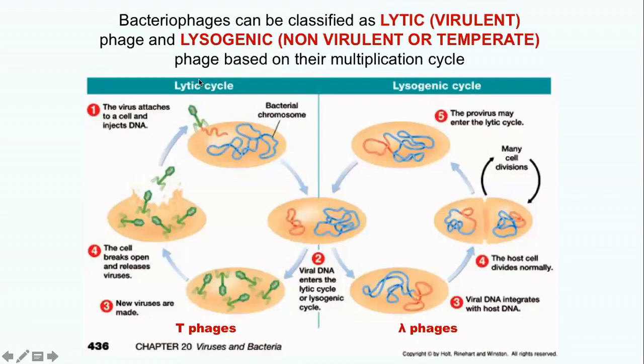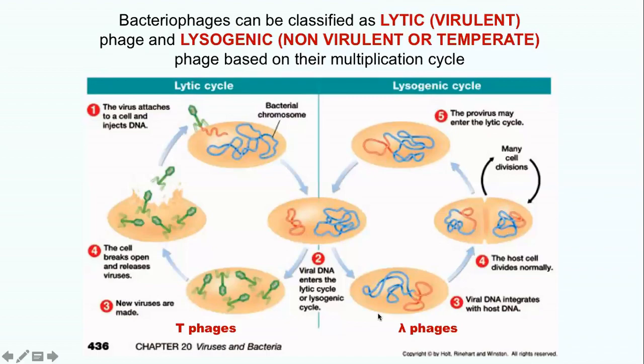But unlike in the lytic cycle, the viral genetic material does not completely disrupt the bacterial genetic material; it integrates itself along with the bacterial DNA to form what we call a provirus or a prophage.